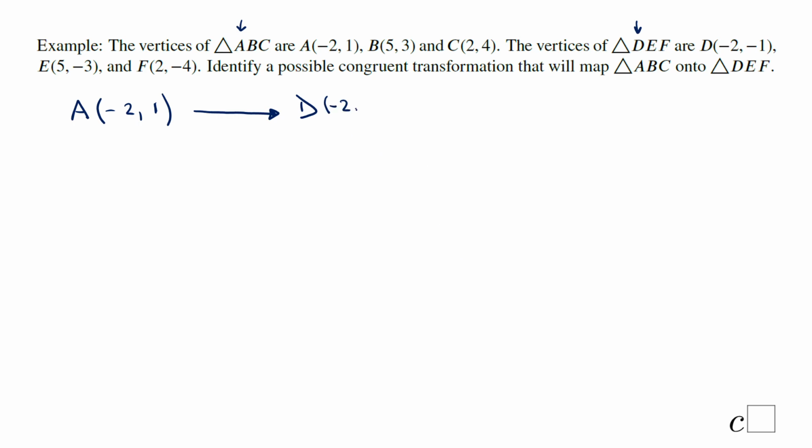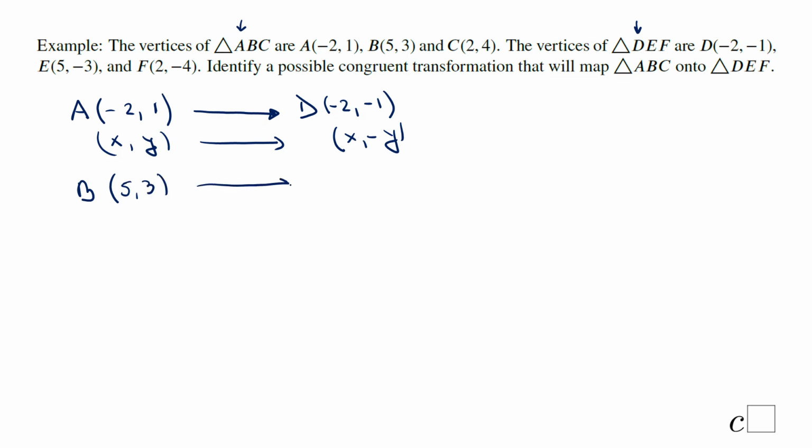Okay, one of these transformations we talked about in this lesson is doing this thing. (x, y), right? A becomes what? (x, -y). Okay. In fact, you may want to look at the others to see if they follow the same thing. B, which is 5 and 3, does it follow the same rule that I mentioned before? You may want to see that B goes with E, and that is 5 and -3.